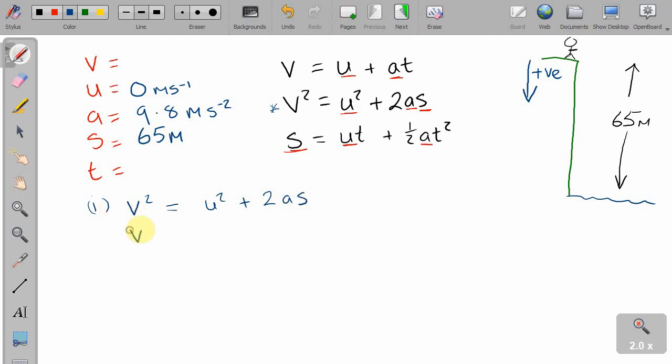So V squared is what we're trying to find with V here. U is going to be 0, so that's going to be 0 squared, plus 2 times 9.81, 9.8 or 9.81, times 65. Okay, V squared is equal to, well, 0 squared is 0. So 2 by 9.81, I have to get my calculator.